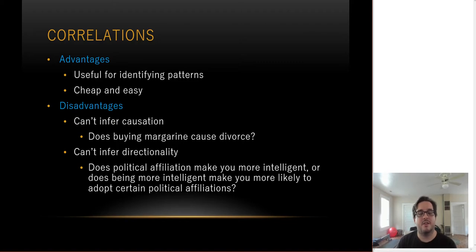Either political affiliation is making you more intelligent, so that by virtue of joining the party, it's making you more intelligent. Or the opposite could be true. Does being more intelligent in the first place make you more likely to adopt certain political beliefs? It could go in either direction. We don't know whether political affiliation causes greater intelligence, or greater intelligence causes which party you tend to affiliate with. We can't know that from a correlation.